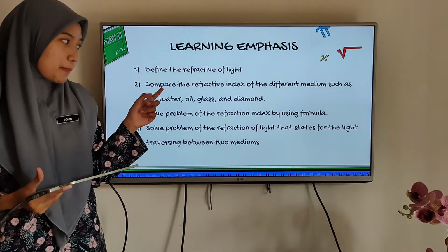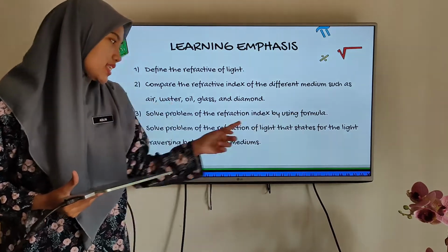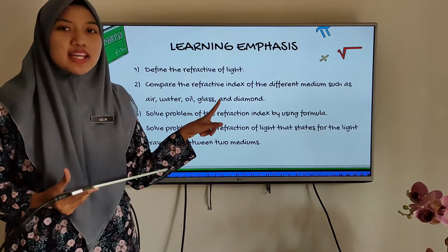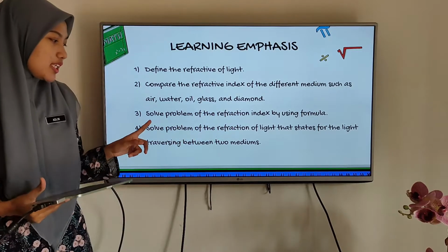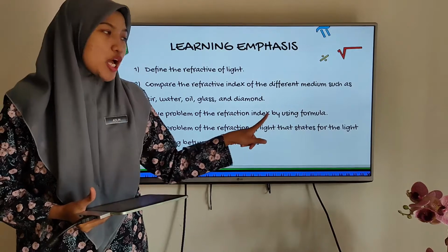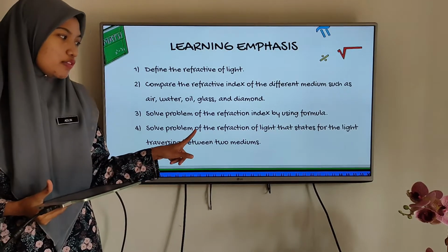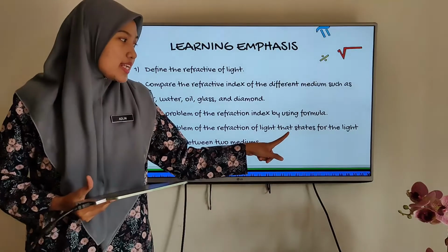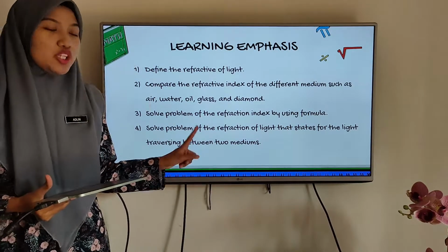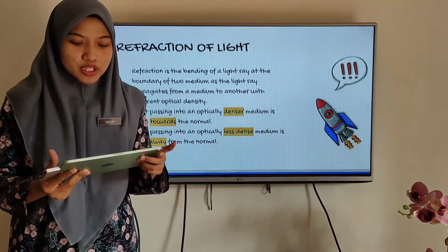Students can also compare the refractive index of different mediums such as air, water, oil, gas and diamond. Next, students can solve problems of the refractive index by using the formula, and last but not least, solve problems of the refraction of light that involve light traversing between two mediums. Okay? Alright.